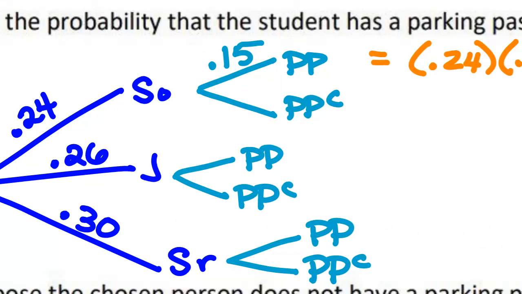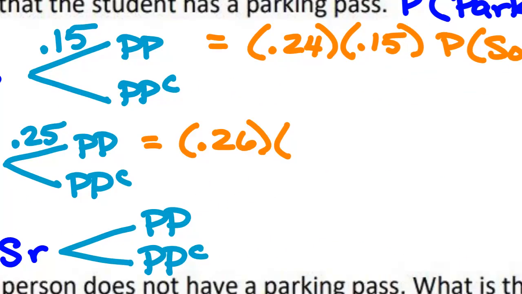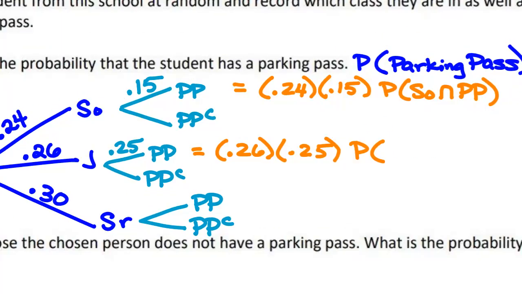Percentage of juniors that have parking passes, 0.25. So 0.26 times 0.25 would give me the probability of juniors and parking pass.